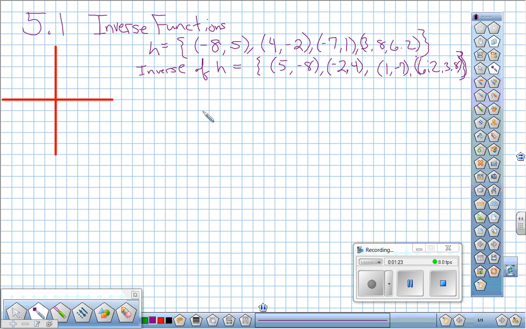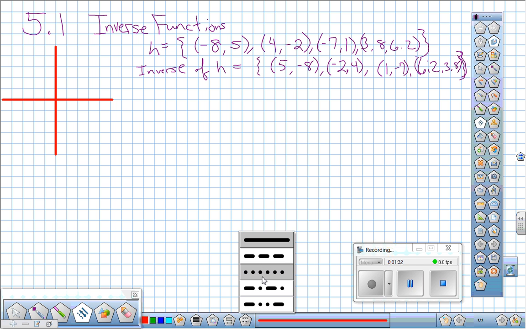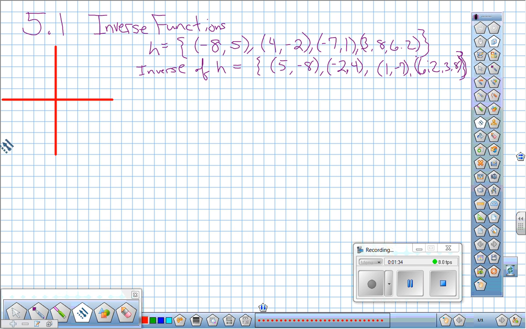Okay. So if I had, for example, just some of these plotted on here, what's actually going to happen is that they're basically just going to get flipped across this line here that I just drew, which is the line y equals x. Everything's going to get flipped across it.